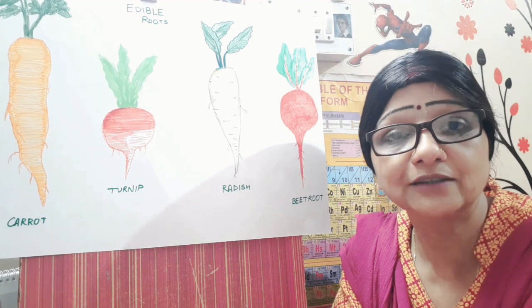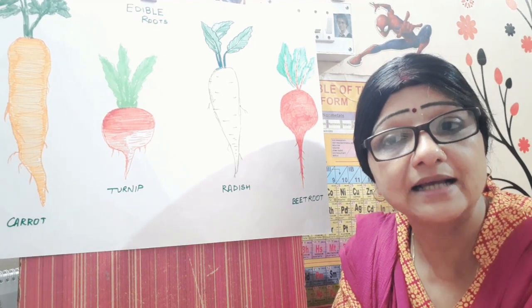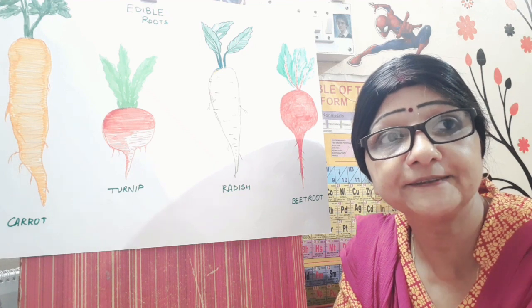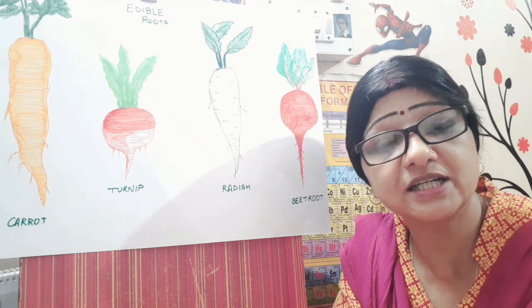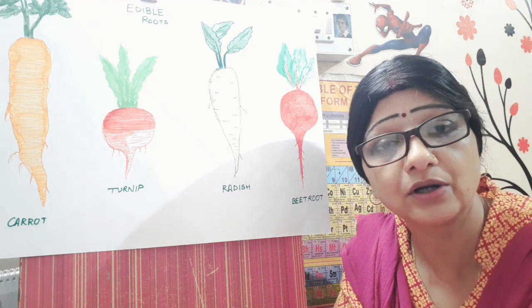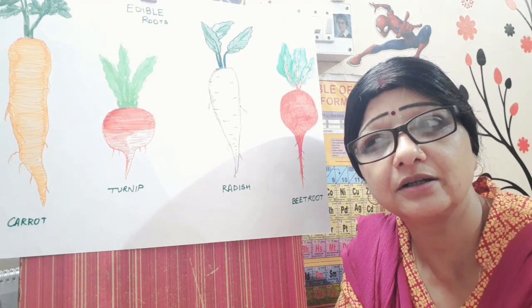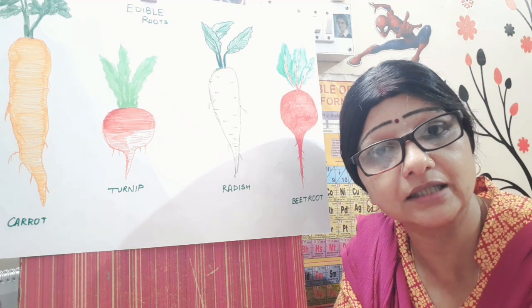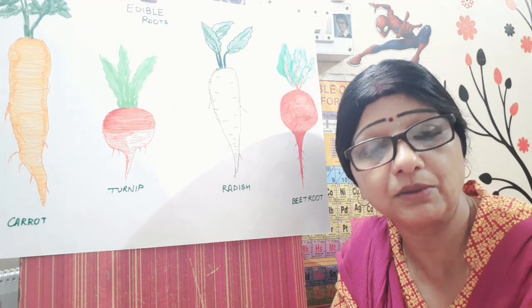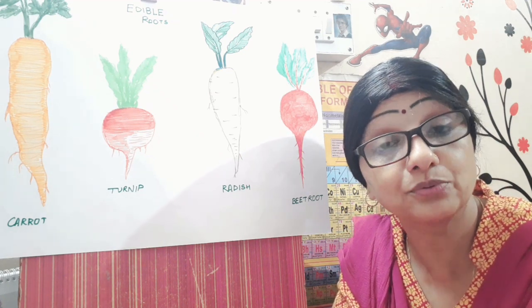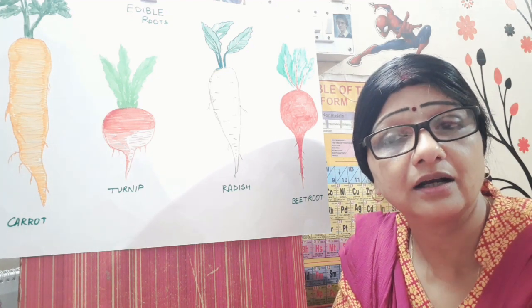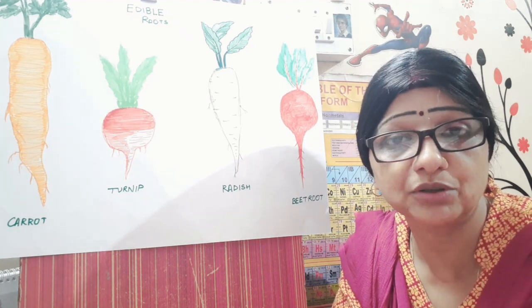Okay, so that food we use as our food item. As you studied in class 3 also, we studied a chapter called Food, in which we studied that different parts of plants are used as food items. We studied about seeds, different types of seeds.